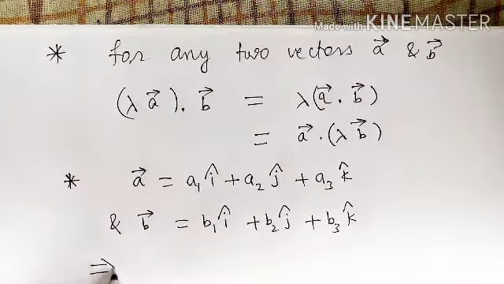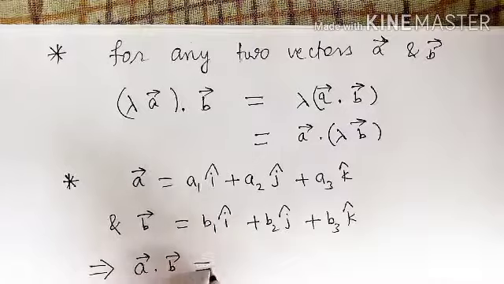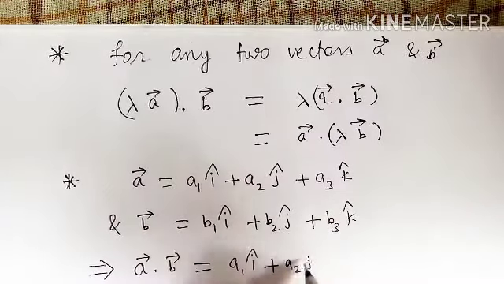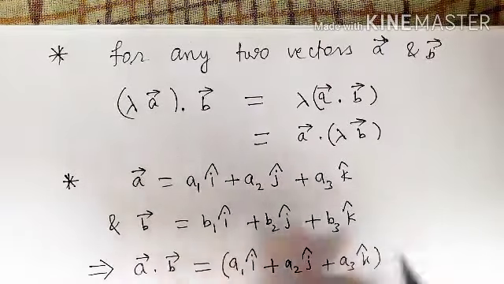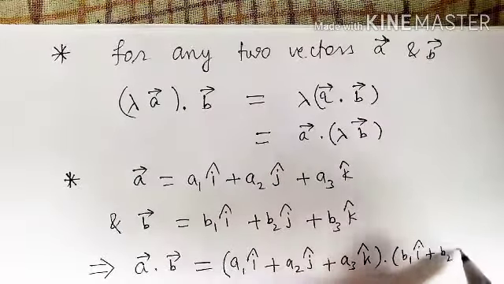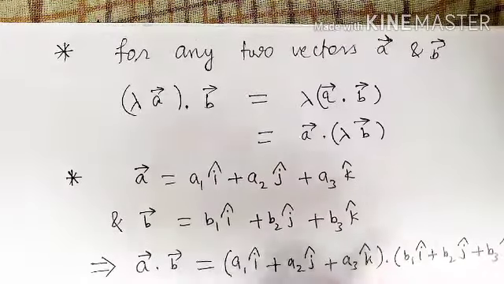This implies that vector A dot vector B is equal to (A1 i cap plus A2 j cap plus A3 k cap) dot (B1 i cap plus B2 j cap plus B3 k cap).